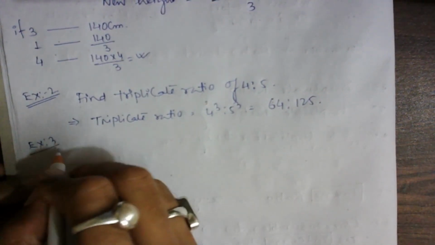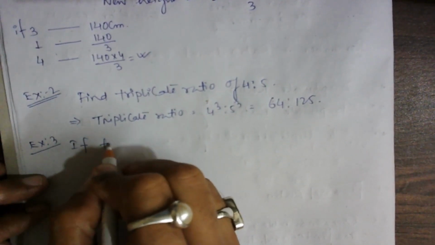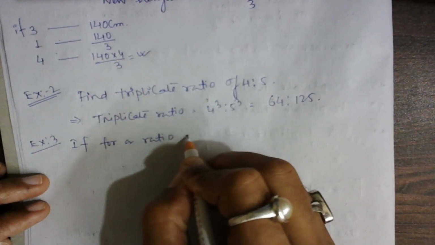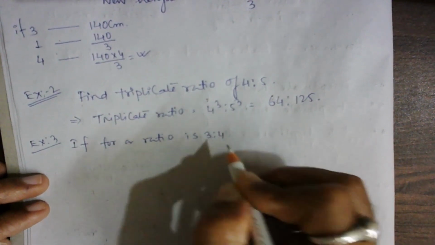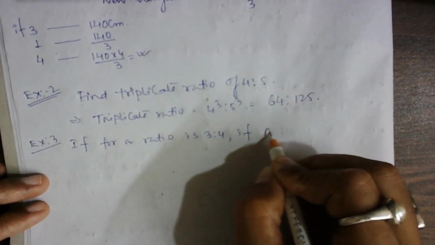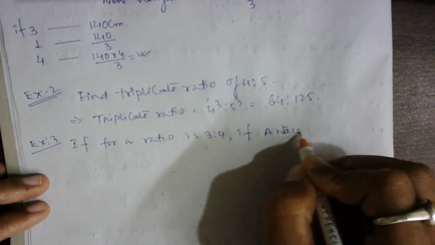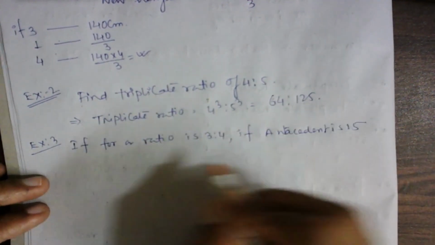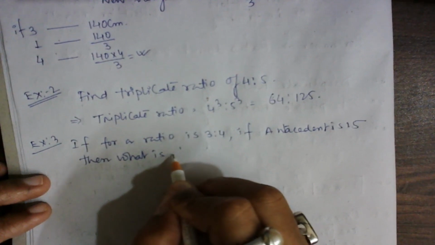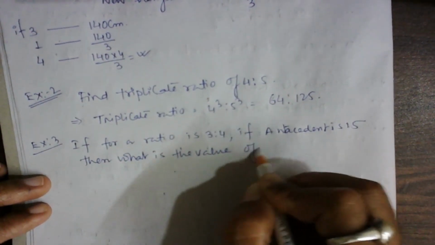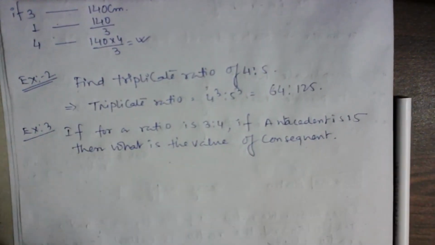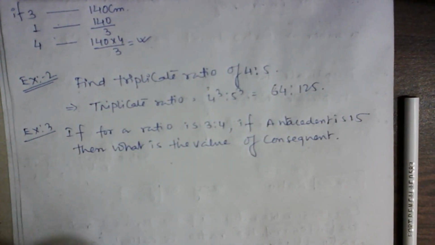Suppose a ratio is 3:4. If the antecedent is 15, then what is the value of the consequent?